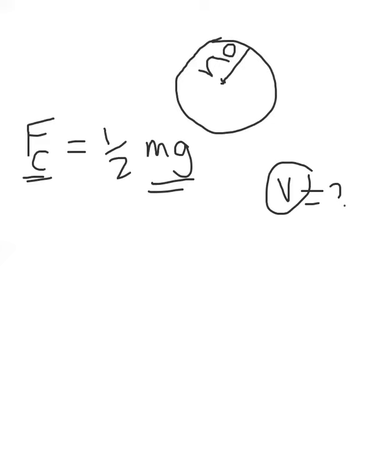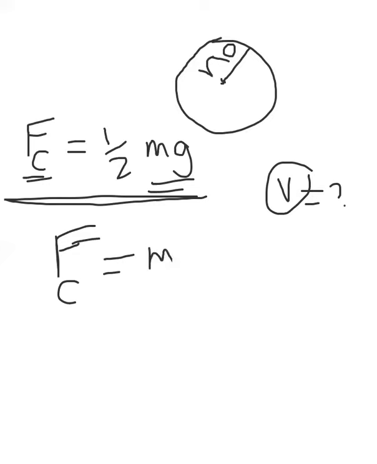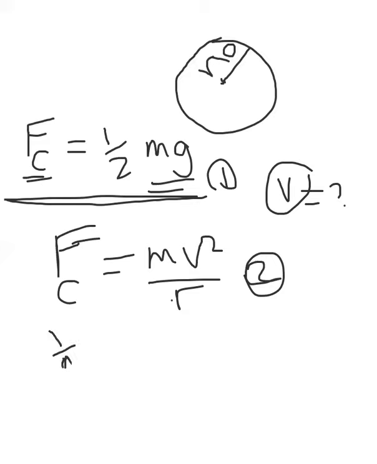First point: Fc equals half mg. After that, the centripetal force also equals mv squared over r. From 1 and 2, I can equate the two equations. So we have half mg equals mv squared over r. I can remove the mass from both sides. So I have half g equals v squared over r.